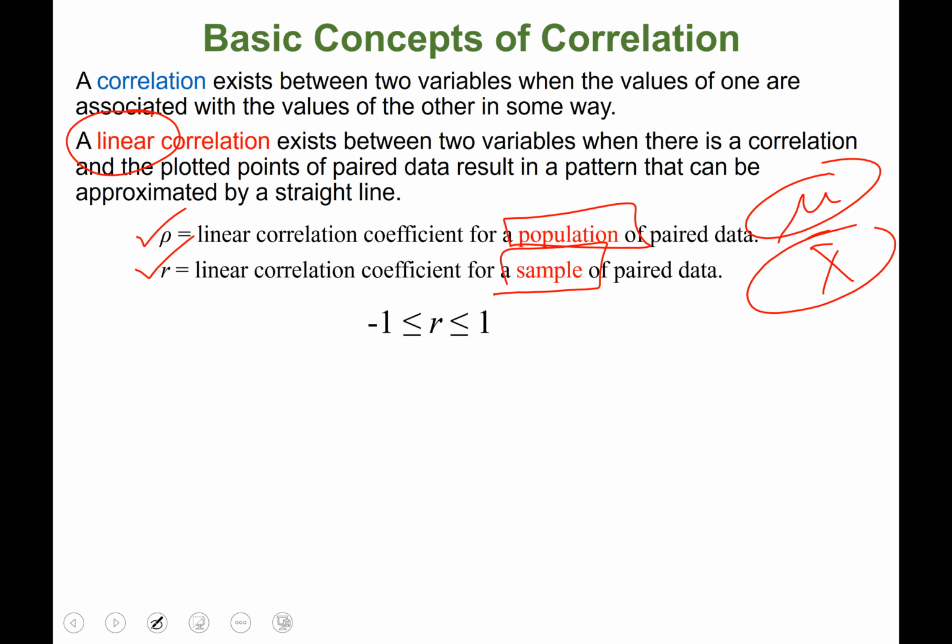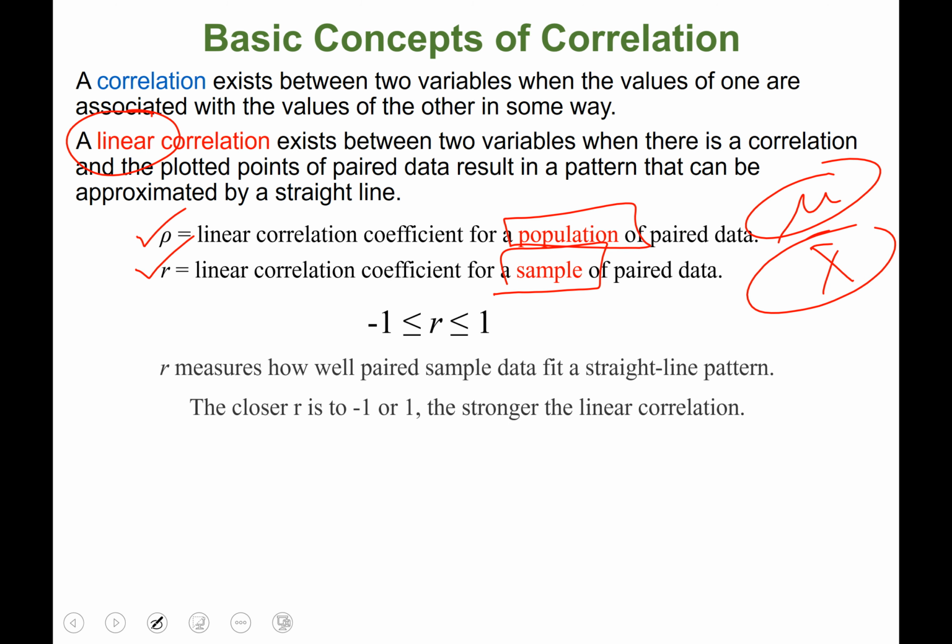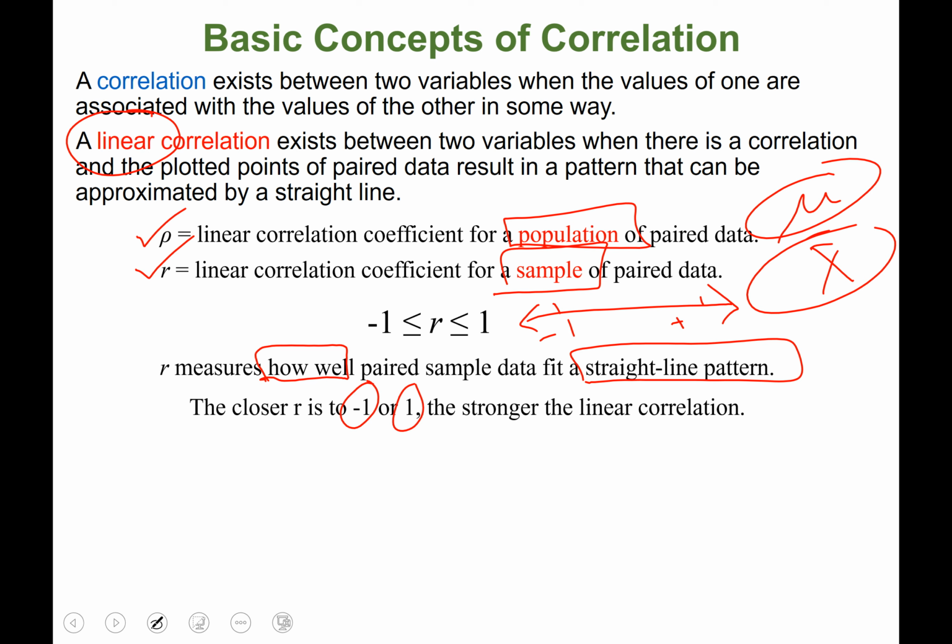Your lowercase r will always be a value between -1 and +1, and it could be equal to -1 and +1 as well. What this number, this r, measures is how well the paired sample data fit the straight line pattern. The closer r is to -1 or +1, this is key, the stronger the linear correlation. So if you picture these on a number line, here's your -1 and here's your +1.